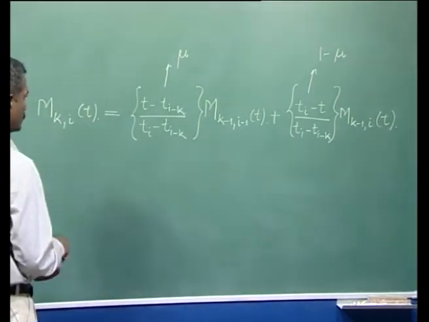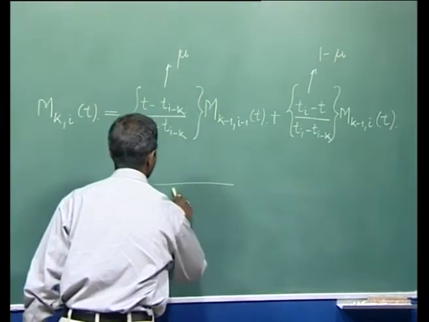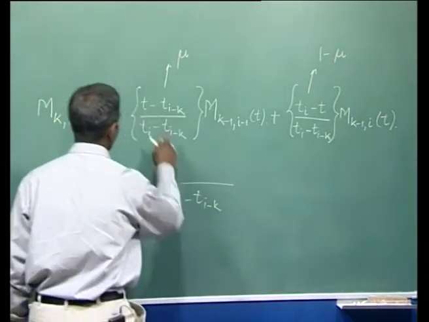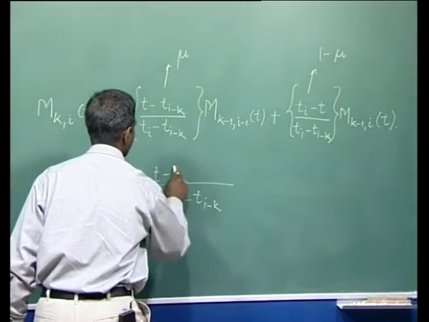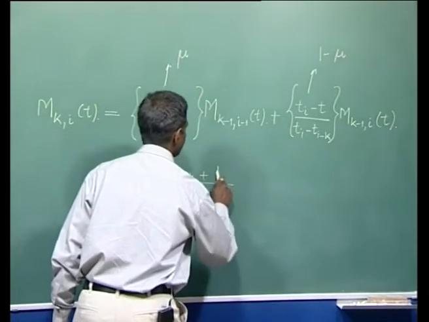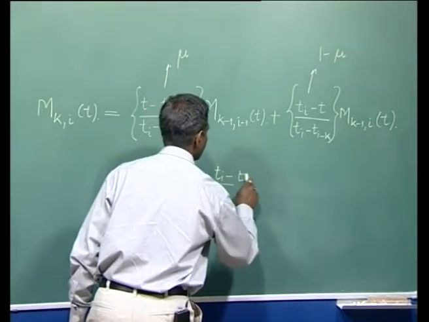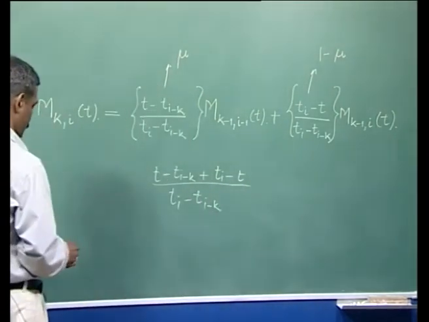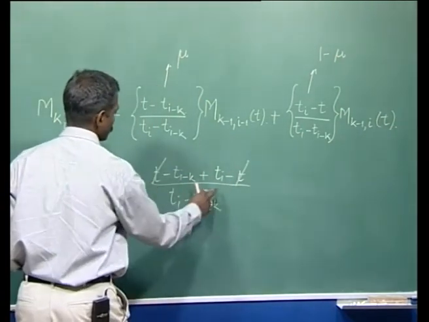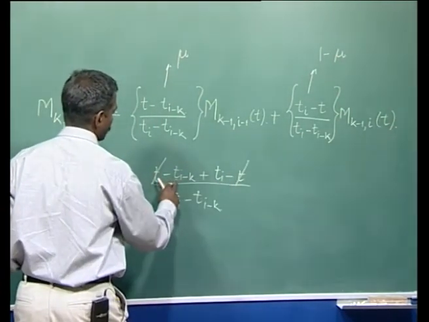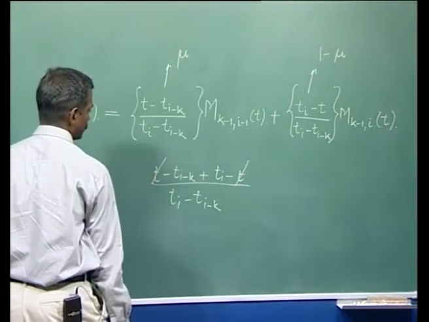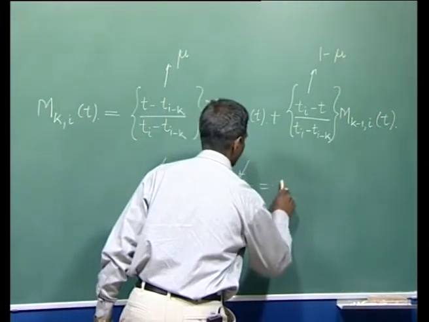So we have the common denominator t_i - t_{i-k}. Here we have t - t_{i-k} plus t_i - t. These two t's cancel out. So we have in the numerator t_i - t_{i-k}, which cancels with the denominator to give the result as 1.